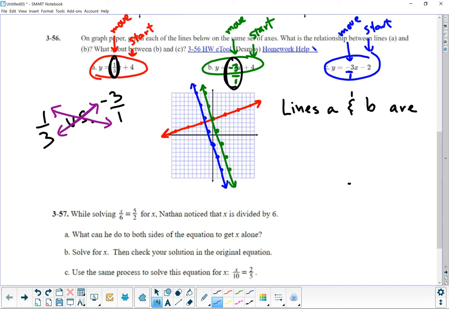You also notice 1/3 is positive and -3 over 1 is negative. That's a requirement to be perpendicular lines: opposite signs, positive and negative, and reciprocal slopes, which is 1/3 and 3 over 1. So we'll say lines A and B are perpendicular.